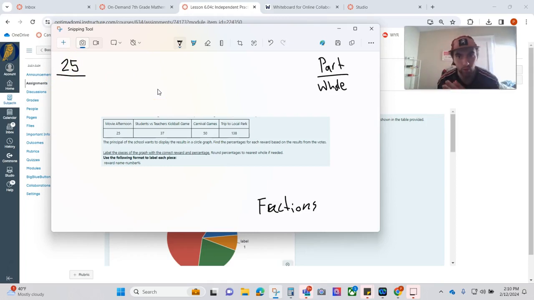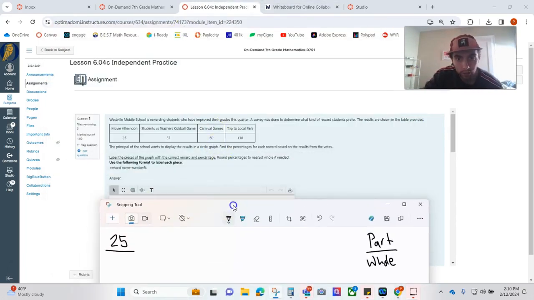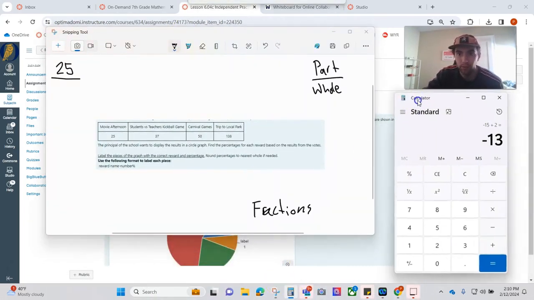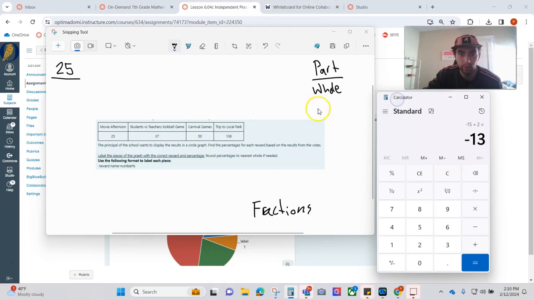How many students answered this survey? It doesn't look like it tells us a number, but we can find the total number of students, the whole, by adding all these up: 25 plus 37 plus 50 plus 138. So there are 250 students total.